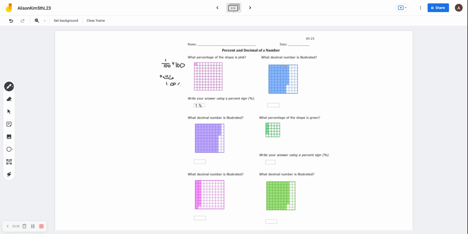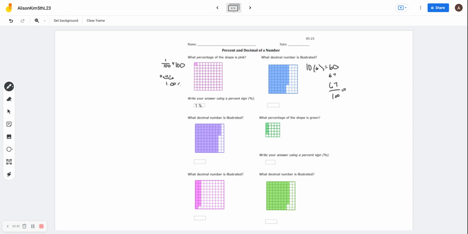There's 6 total columns fully colored in, and each column has 10 boxes, right? So it's 10 times 6. That gives us 60. And then let's count for this one. We have 2, 4, 6, 7. So 67 in total. So we have 67 over 100.